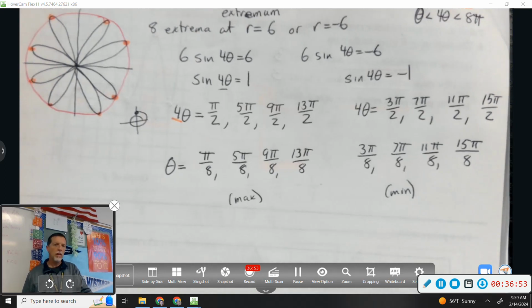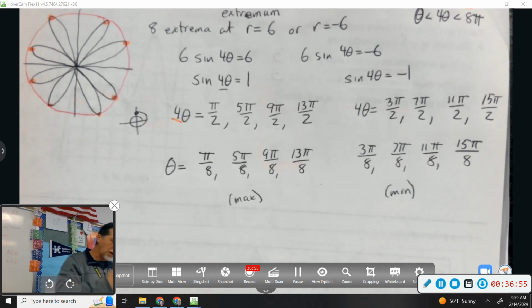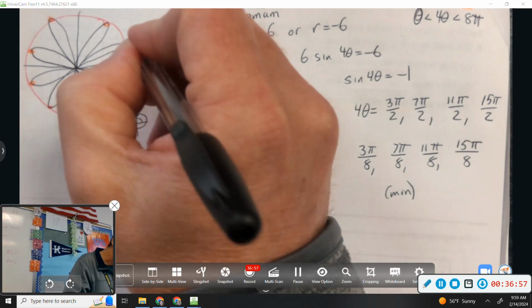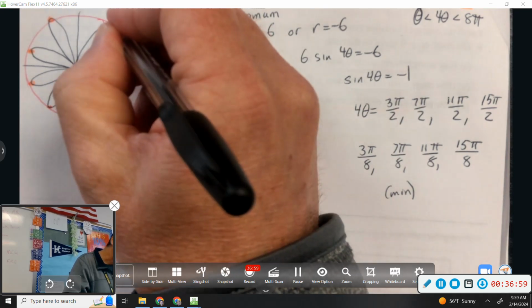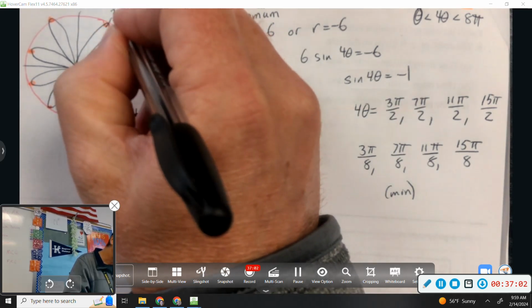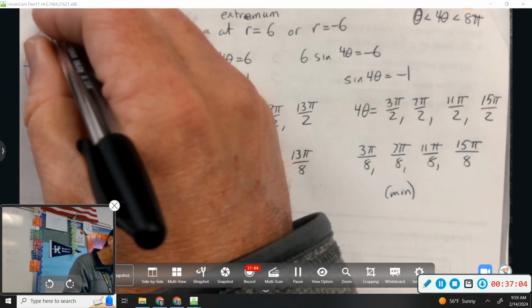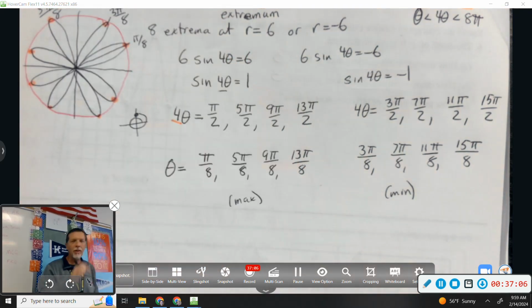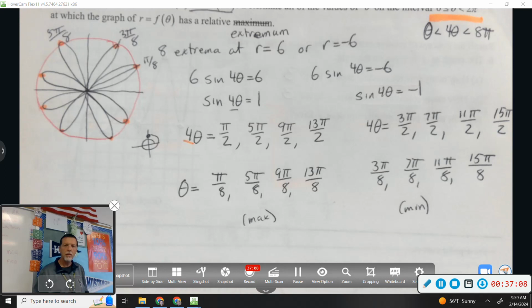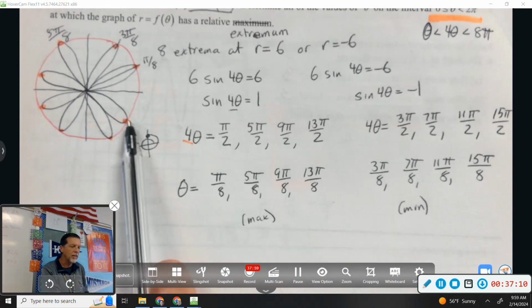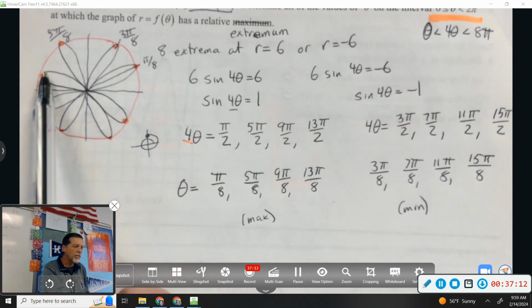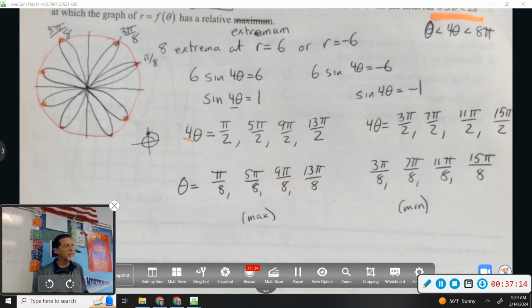And this sort of makes sense because this one would be pi over 8. And this one would be 3 pi over 8. And 5 pi over 8. And you could count all the way around and probably land at 15 pi over 8. 1, 3, 5, 7, 9, 11, 13, 15. So I feel like I got them all.